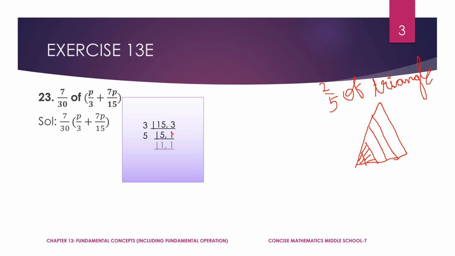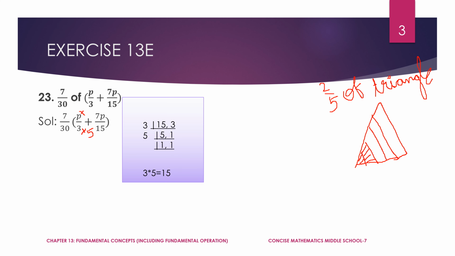Now 5 1s are 5. 5 into 3. This is what the LCM is. When you multiply the prime factors, you will get 15. So this is the LCM. So to make this 3 into 15, what do we have to multiply? We have to multiply with 5. It becomes 15. 5 3s are 15.